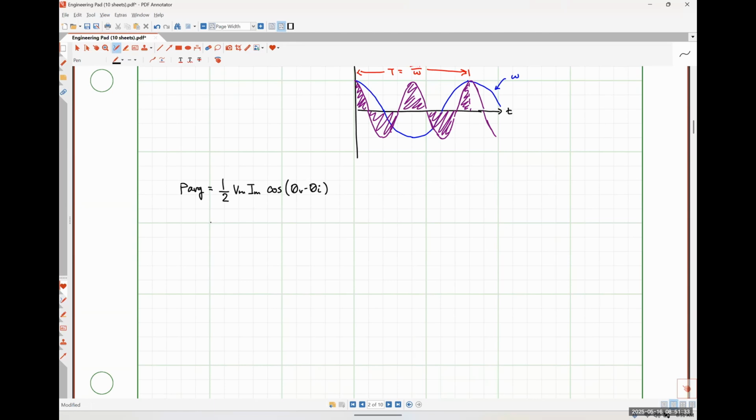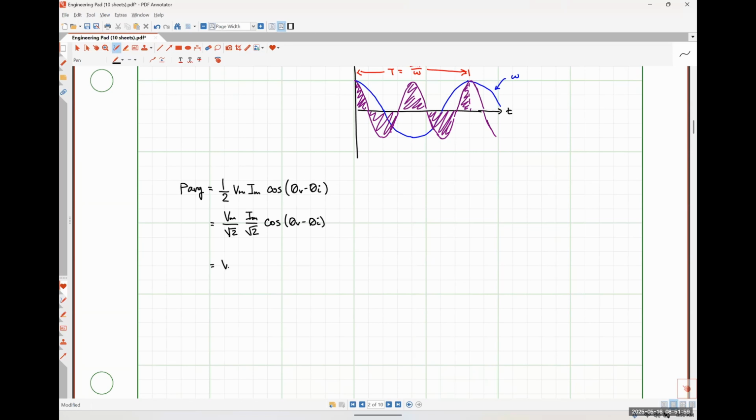So we could say that this is Vm over the square root of 2 multiplied by Im over the square root of 2 times the cosine of theta V minus theta I. Well, in a sinusoidal system, Vm over the square root of 2 is just the effective value of our sinusoidal voltage.